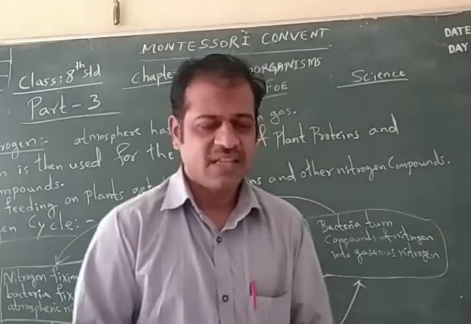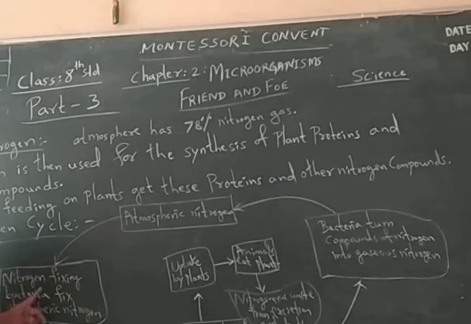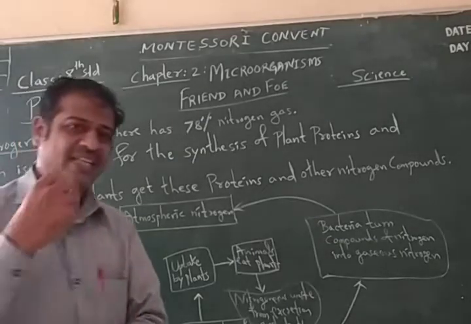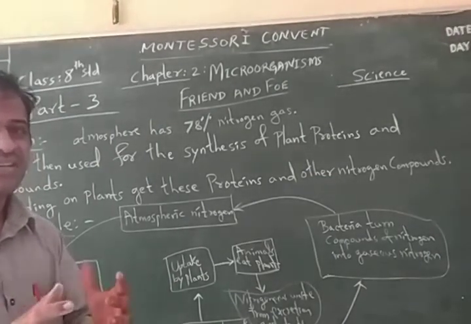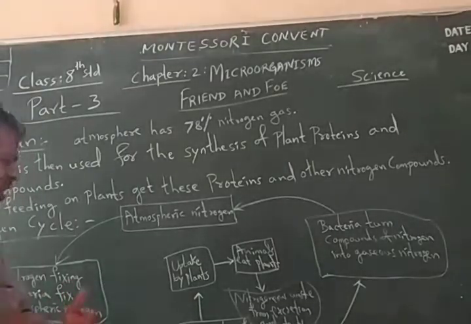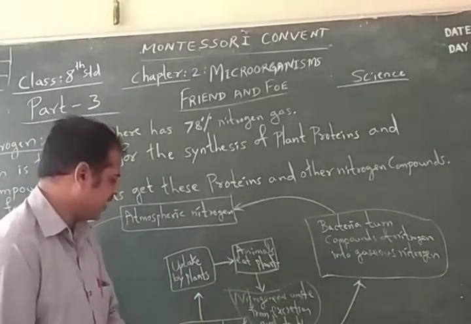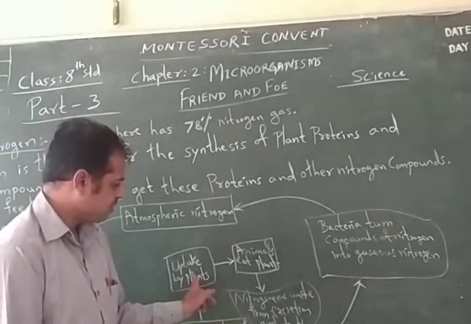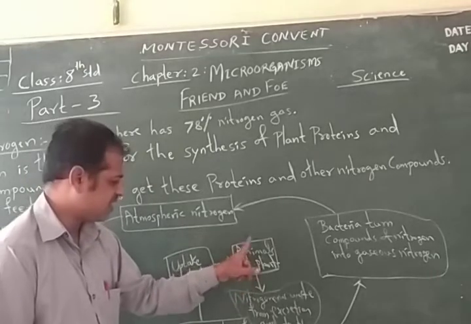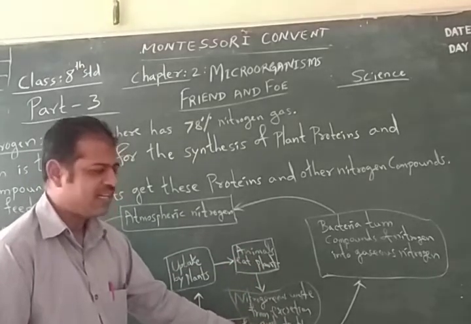Here we see that atmospheric nitrogen is fixed by bacteria. After that, bacteria turn the fixed nitrogen into nitrogenous compounds, which are taken up by plants. After that, animals eat the plants. After that, nitrogenous waste comes from excretion and death.